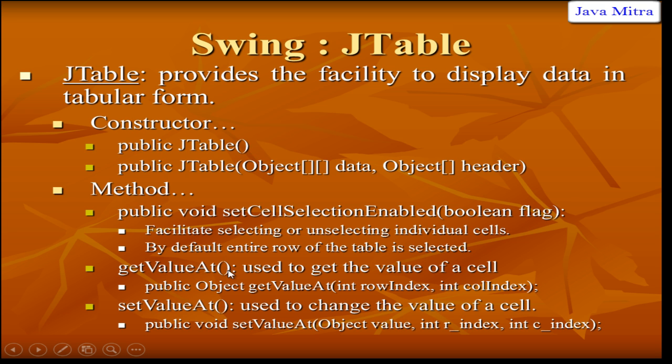You can see here that getValueAt returns object type data and takes the row index and column index as parameters. However, the setValueAt method takes a value of type object, the row index and the column index. So you can set or get data with the help of the getValueAt and setValueAt methods.